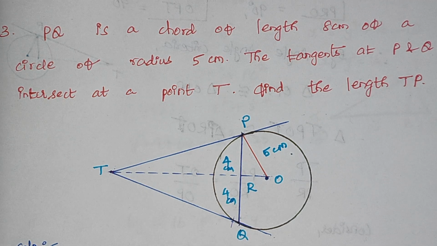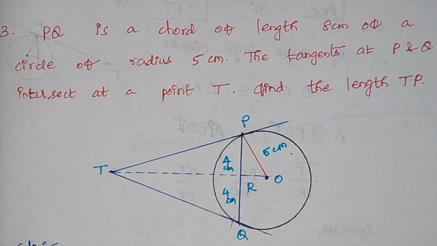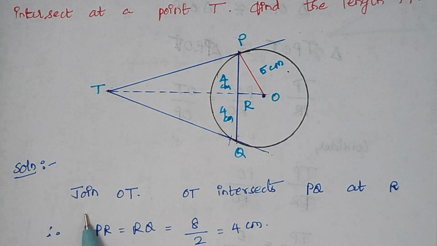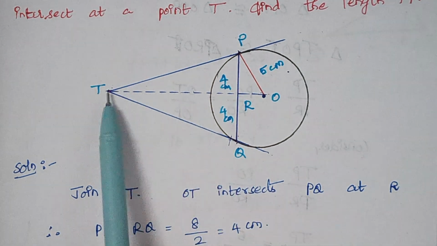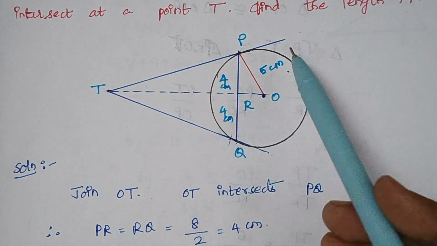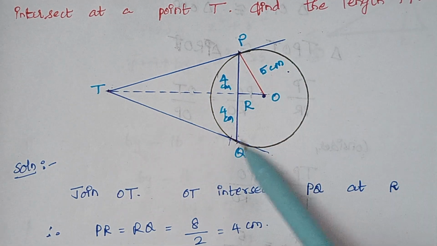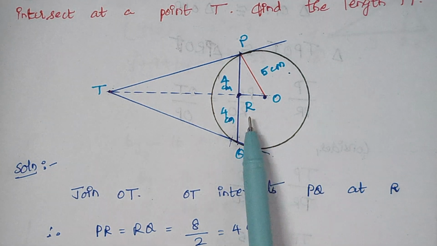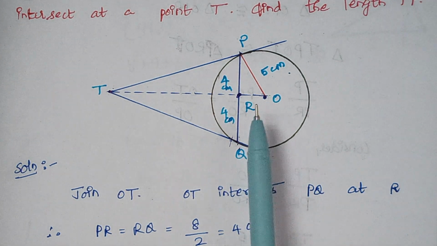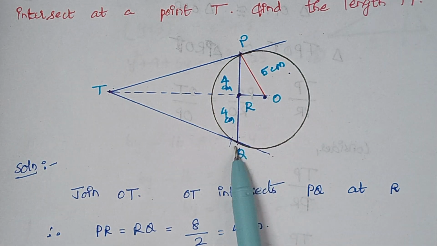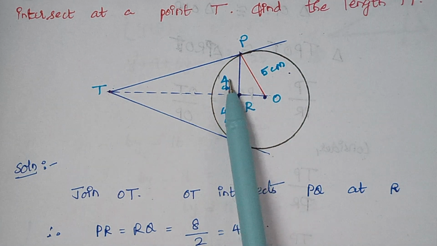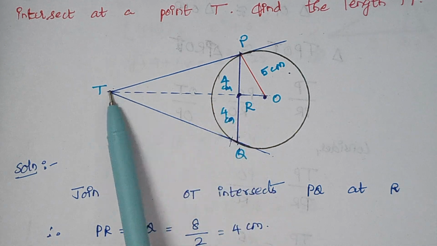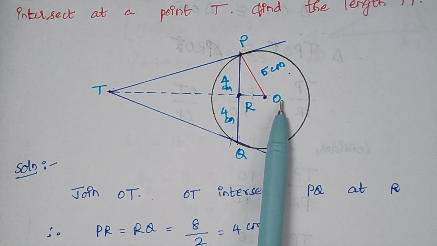To find the value of TP, we are connecting OT by ourselves. So the first step is, join OT. Now this OT intersects the chord PQ at a point R. Because of this, it divides the chord of 8 centimeter equally into 4 centimeters, because this is the line at the middle of the chord.